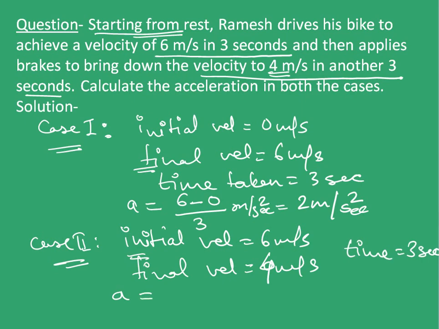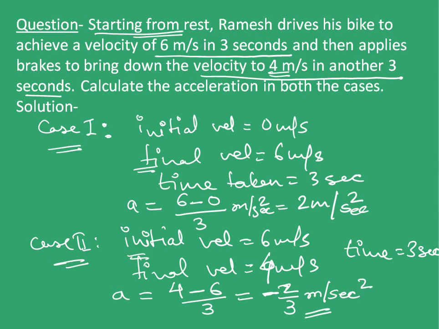Therefore, the acceleration is final velocity 4 minus initial velocity 6 upon 3, which is minus 2 by 3 meters per second square. What we see here is acceleration can be negative.